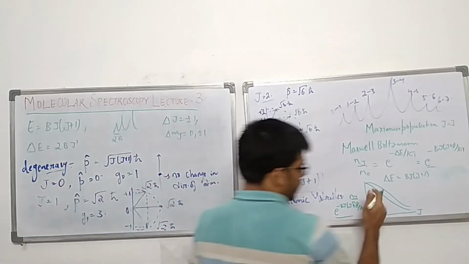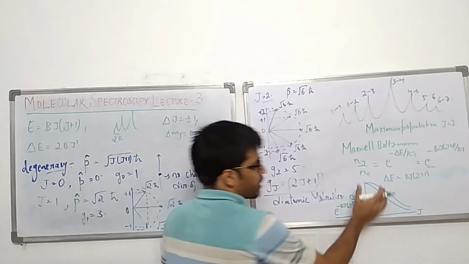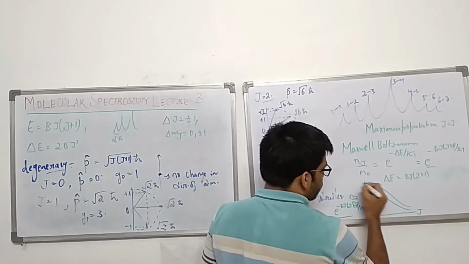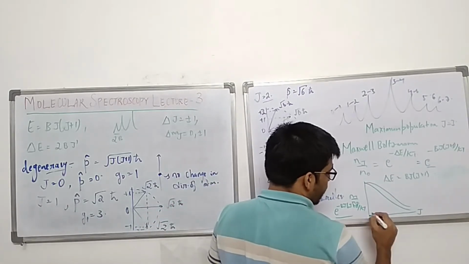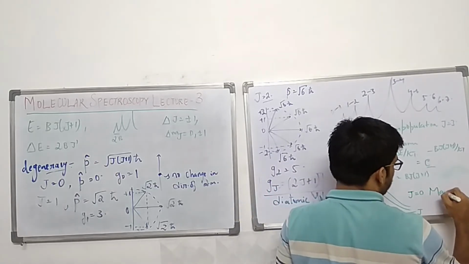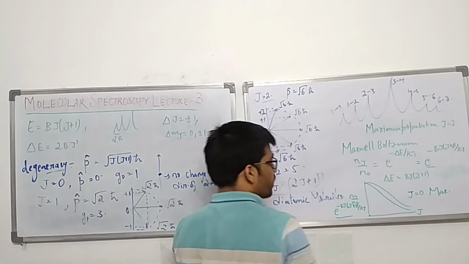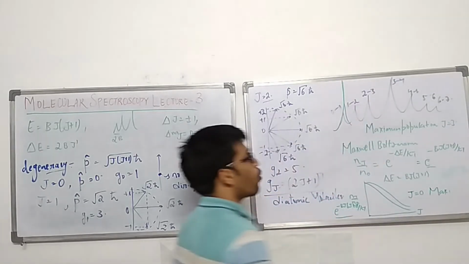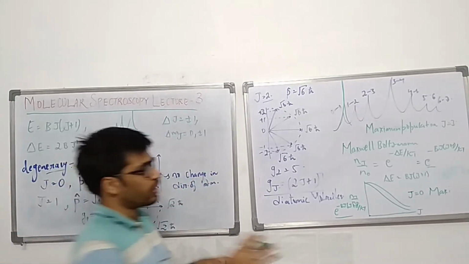So you should see a plot like this. Now this plot would mean that lower the value of j, more is the population. So that means at j equals to 0, the population should be maximum. For that, you should see that this peak should be the most intense. But that is not the case.